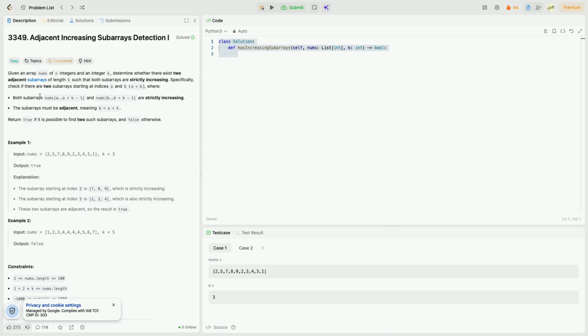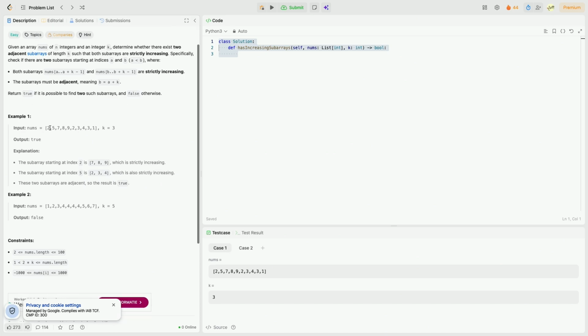Then we just iterate over all of our numbers in nums, and when we find that we have k different positions with an increasing subarray, both in the left and the right subarray, we know that we can return true because we found the two subarrays.